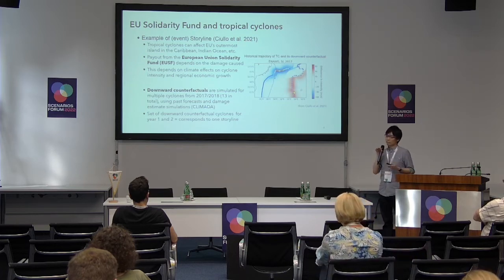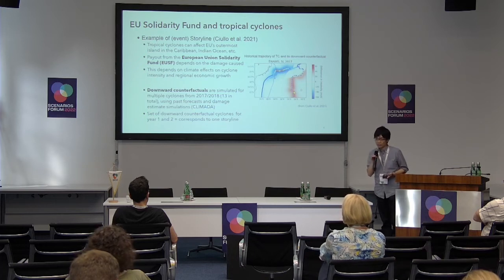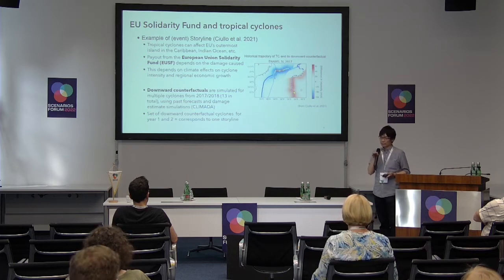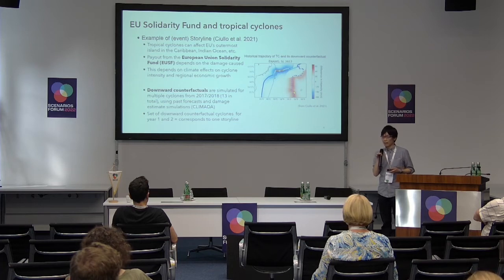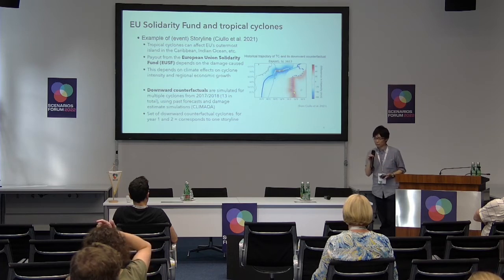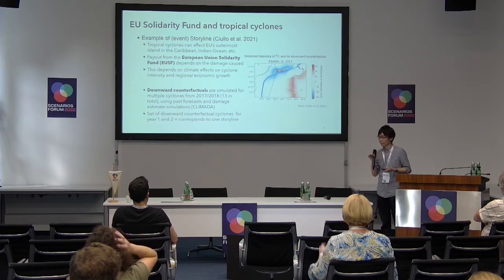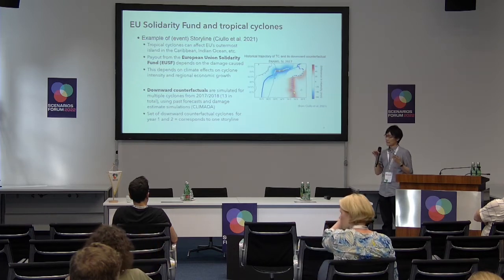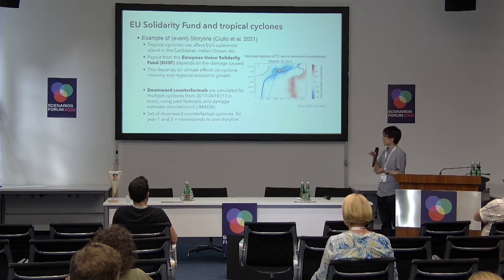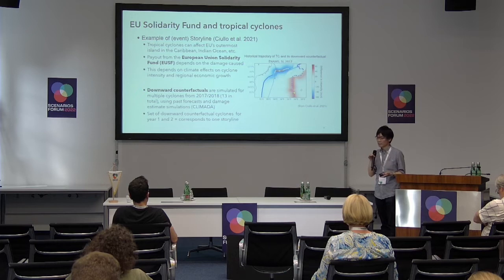In the Gular et al. paper, they considered downward counterfactual cyclones of historical cyclones that occurred in 2017 and 2018, 13 in total. Downward counterfactual as in what-if situations that could have happened based on the past forecasts. On the right, you see a figure of this.